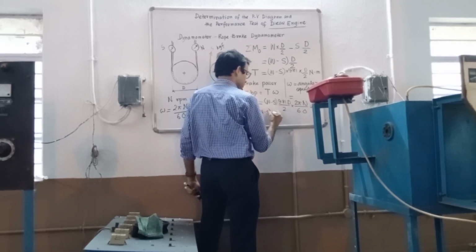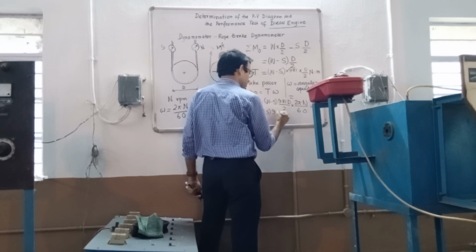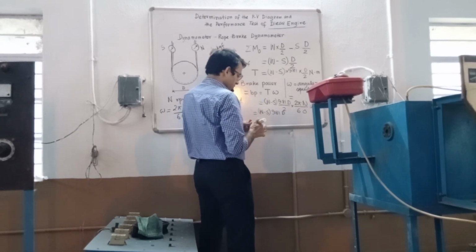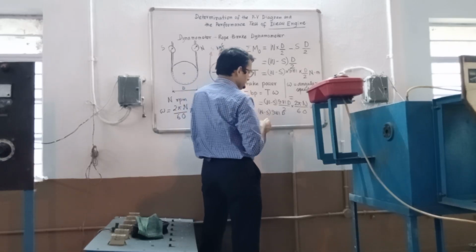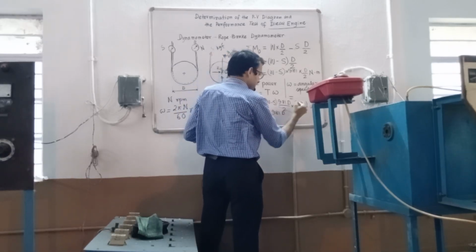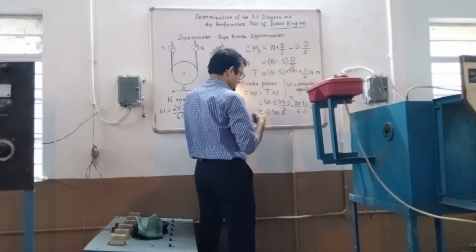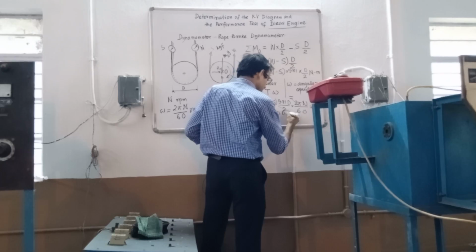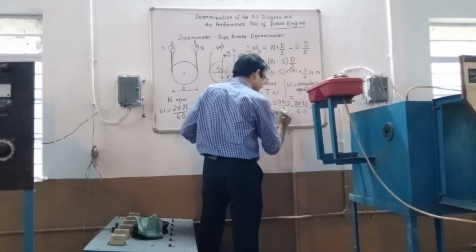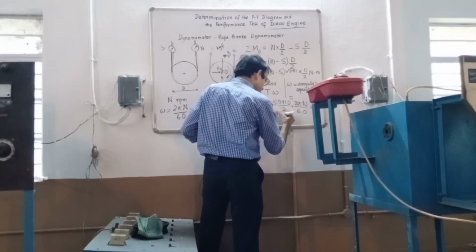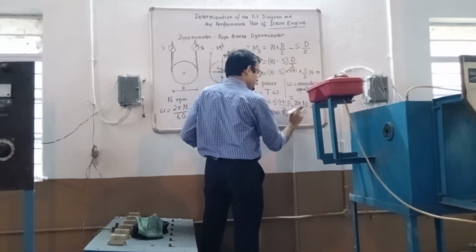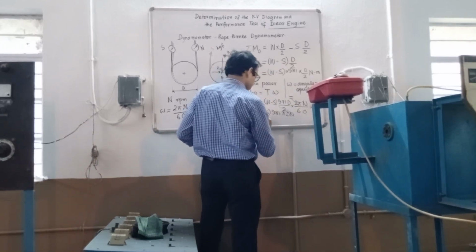W minus S into 9.81 D by 2, we can cancel the 2 simply, so it will be D into pi N. So you can write pi D N by 60,000.